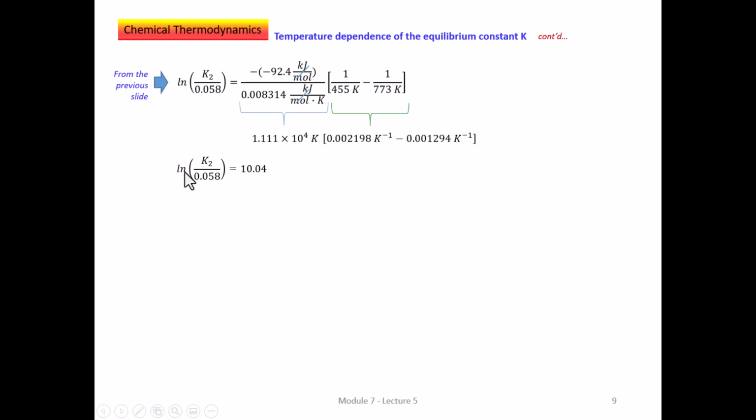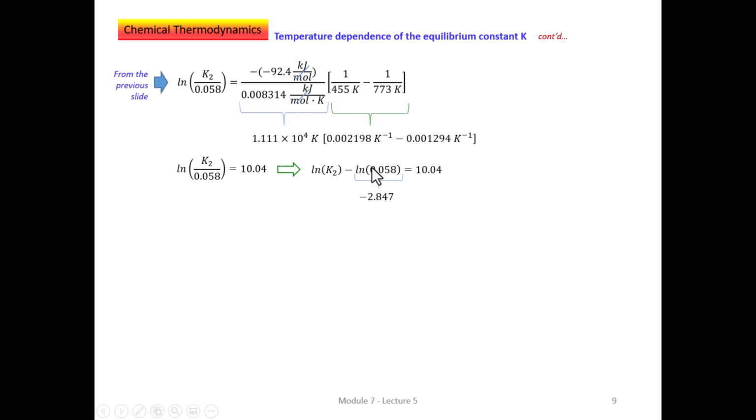So we have ln of K2 over 0.058 equals 10.04. We then remember from our properties of logarithms that the log of a ratio is equal to the log of the top number minus the log of the bottom number. Well, the log of the bottom number here, the natural log, is minus 2.847.